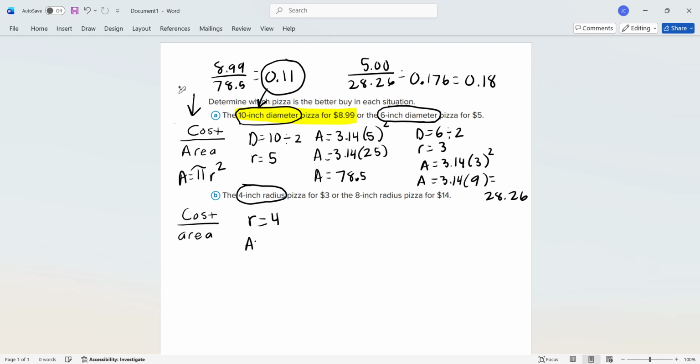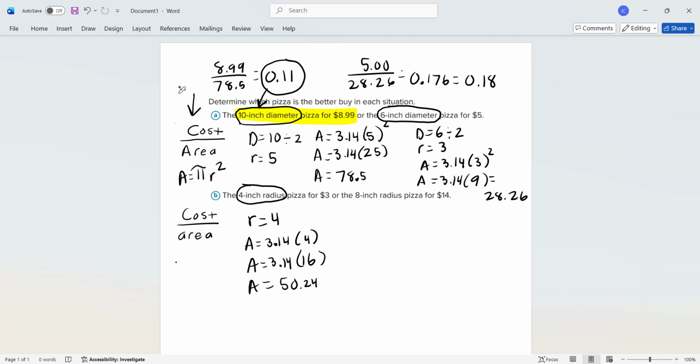So I know area equals pi, which is 3.14, times 4 squared. Well, we already know that 4 squared is 16. And we're going to multiply that times 3.14. So I do 3.14 times 16, and my area is 50.24.